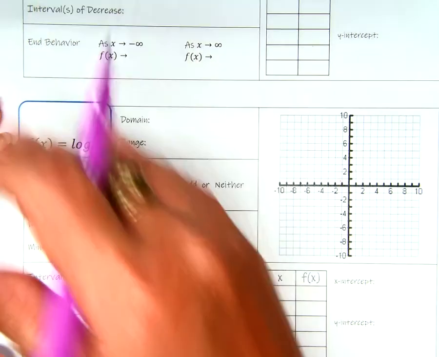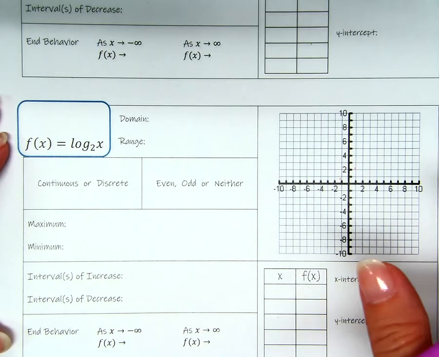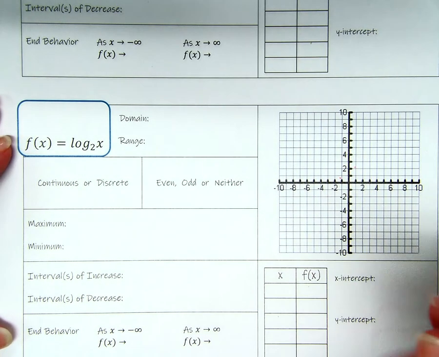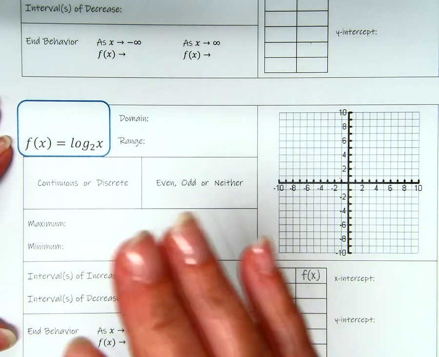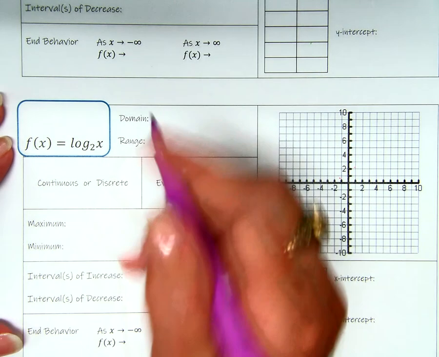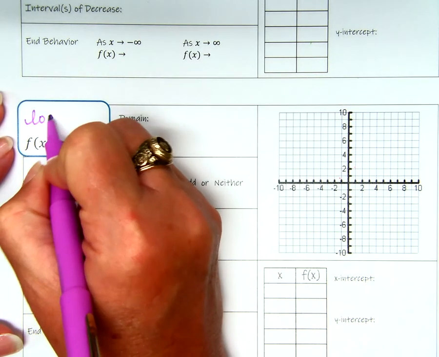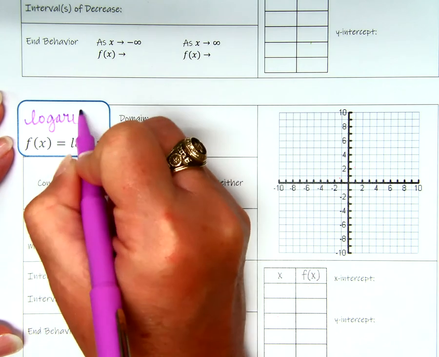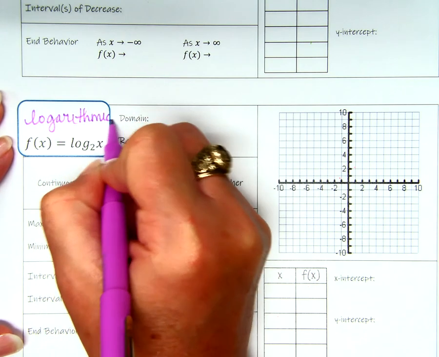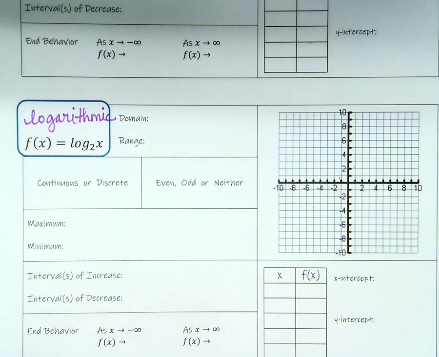You know how sometimes I made you guess what these were because you could figure it out? I'm just going to tell you the rest. Is that okay? I don't mean that disrespectfully. You just haven't ever talked about them before. Okay? What does that say? Logarithmic.